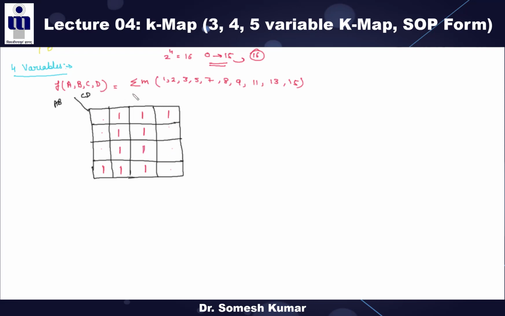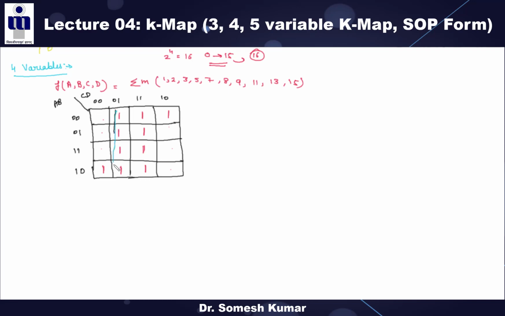At these positions, this function is 1. Here this is 0 0, 0 1, 1 1, 1 0. Clear? Now tell me, is a quad or octet possible? First you go to the octet. Is an octet possible or not? It is possible. This is your 1 octet, clearly seen.